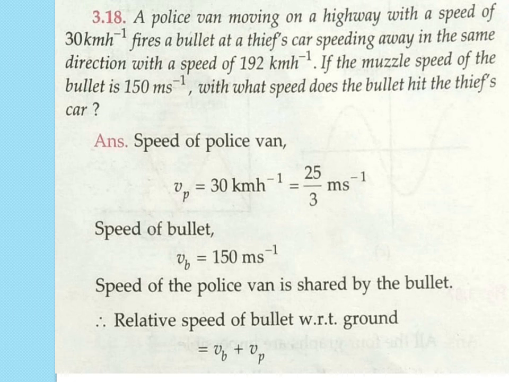So what is given to you? Vp, the velocity of police van, 30 km per hour, convert it into meter per second. Speed of bullet 150. The total speed of the bullet considering the velocity of police van with respect to ground is Vb plus Vp.